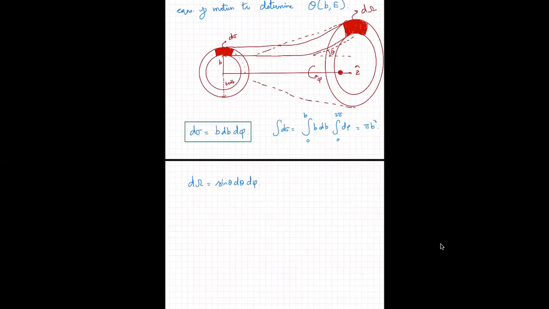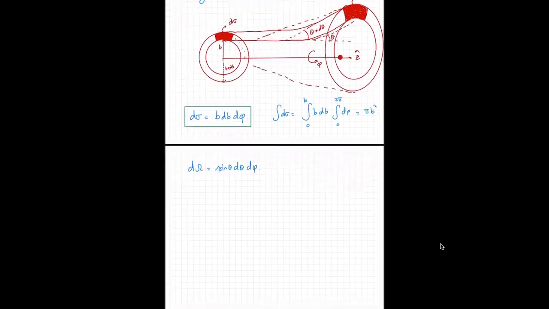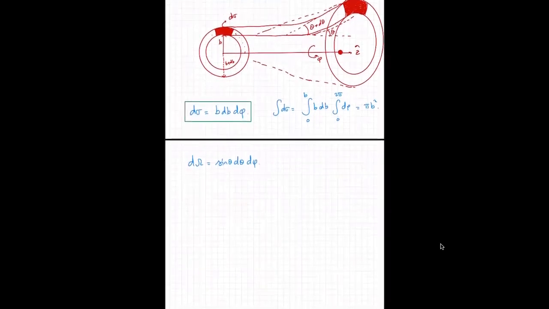Now the angle made by the top portion is theta plus delta theta. Since these are very close to each other, it is scattered off by a very slightly larger angle, theta plus delta theta, because it is at a slightly higher impact parameter than the lower part of the ring. So d omega is sine theta d theta d phi.